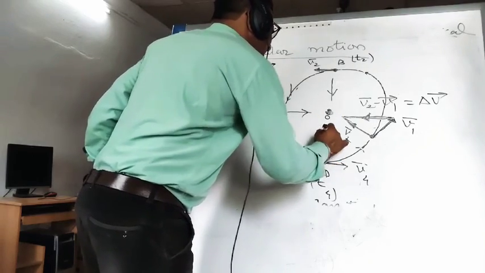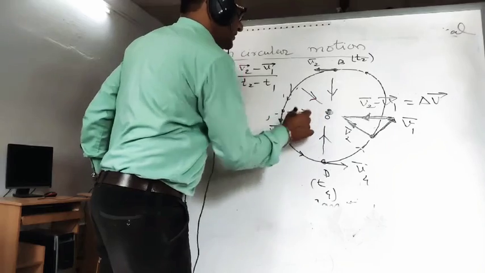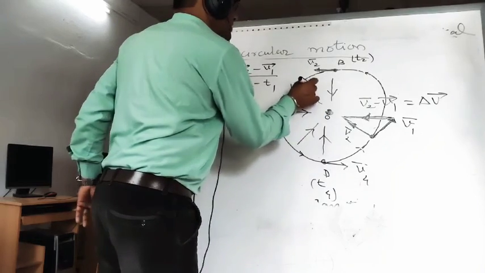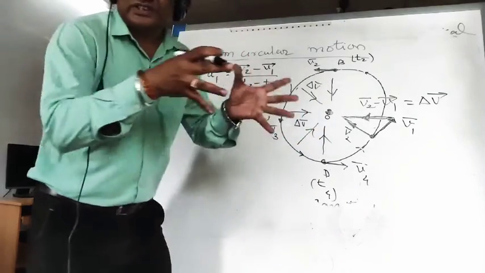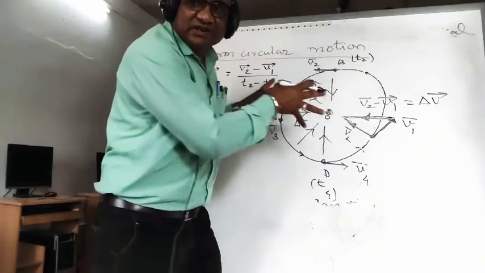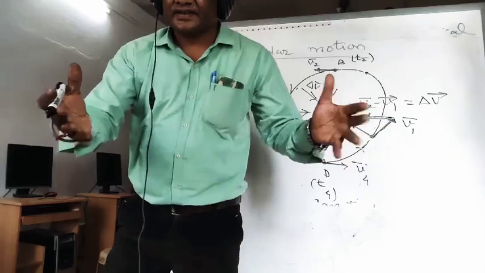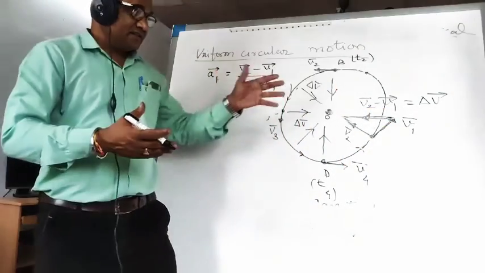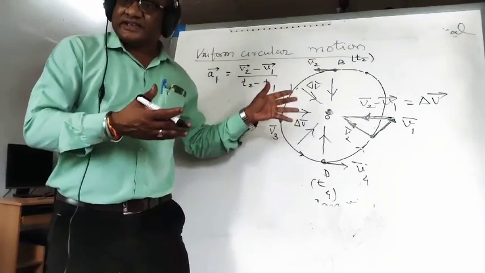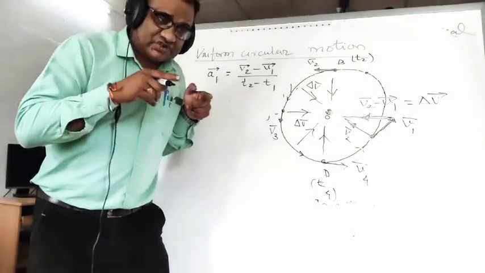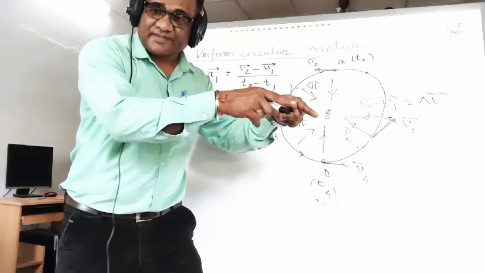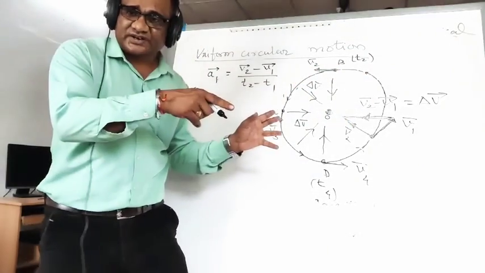Every time, the change in velocity vector delta v acts toward the center of this circular path. Hence, we can say that this acceleration is called centripetal acceleration. The acceleration which acts toward the center of the circular path is called centripetal acceleration.